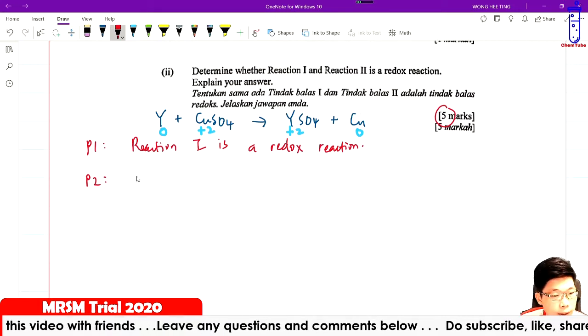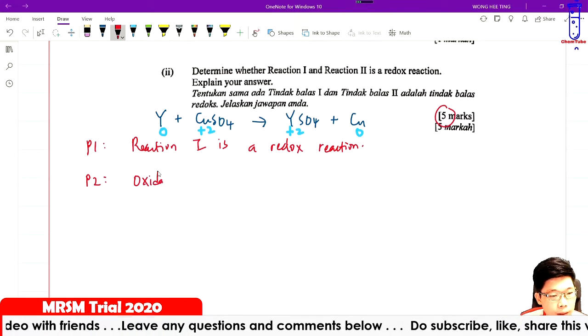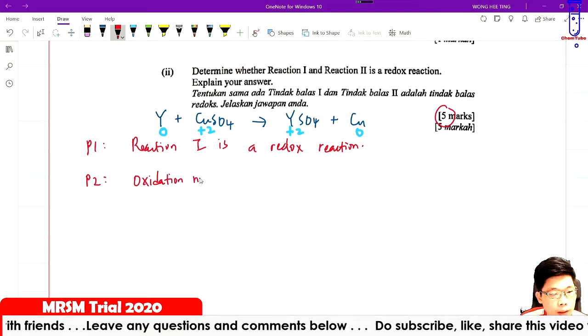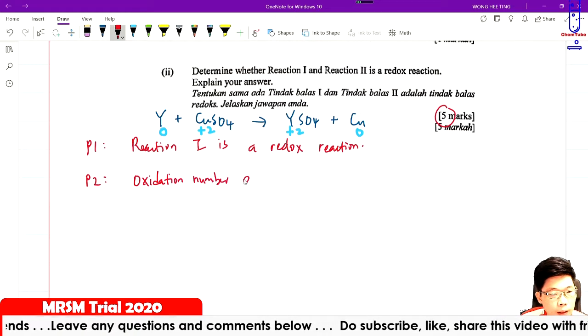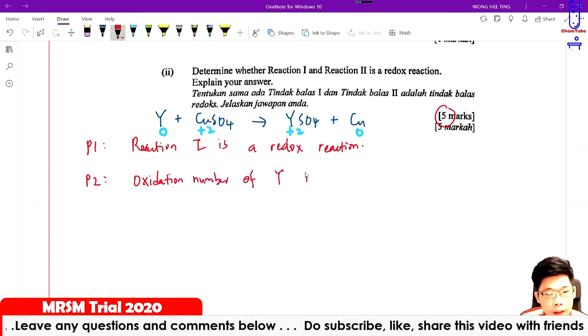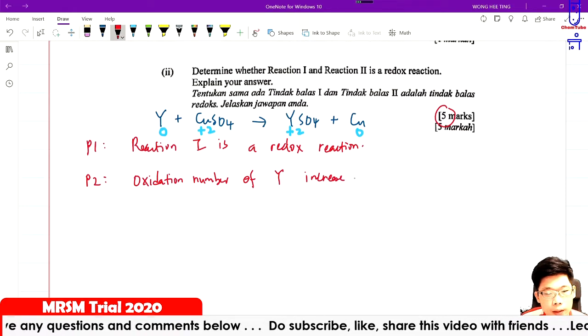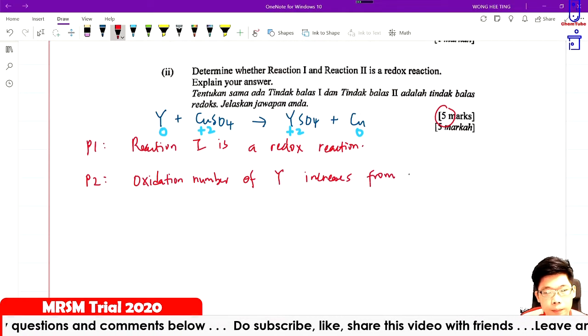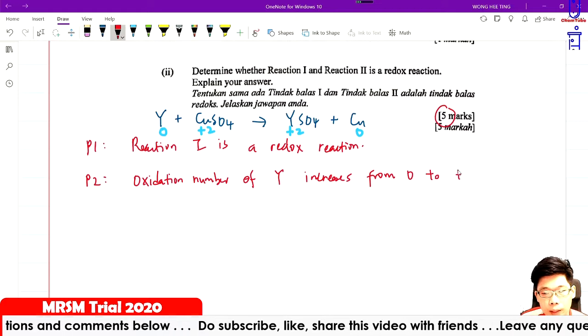So we can explain point number 2: the oxidation number of Y increases from 0 to +2.